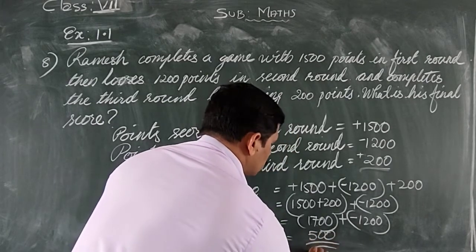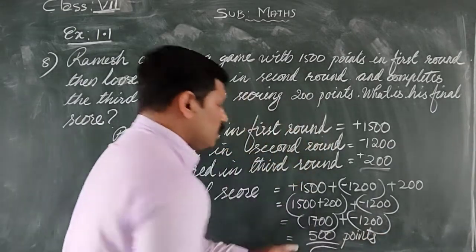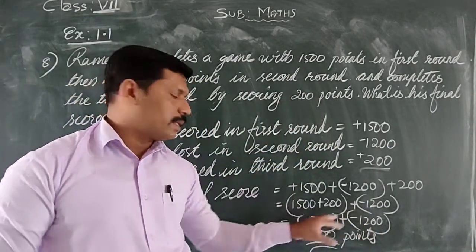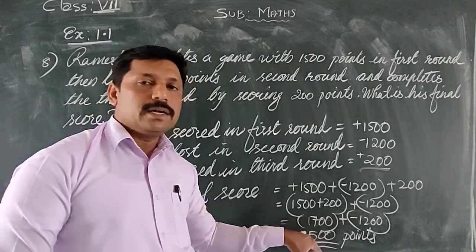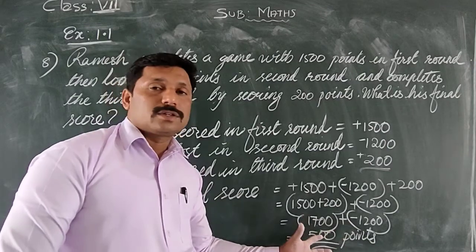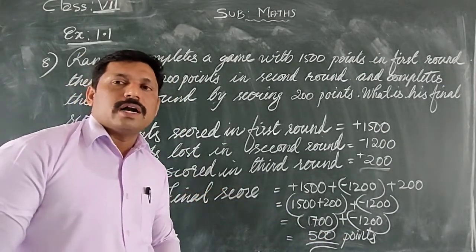So his final score is 500 points. When we subtract, we get 500, and 500 points is the final score of Ramesh in that game. I think all of you understood that.